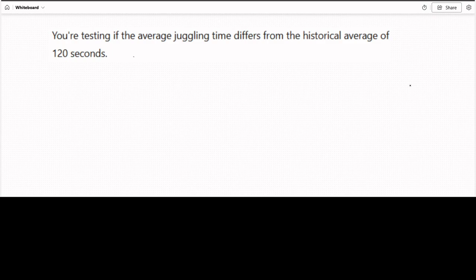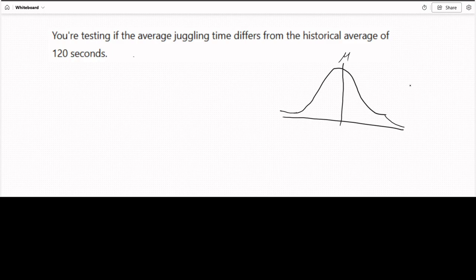So you're testing if the average juggling time differs from the historical average of 120 seconds. Okay, now I'm going to explain why this is going to be a two-tailed test. First, we have the average of the population, and we don't know how the juggling has changed.